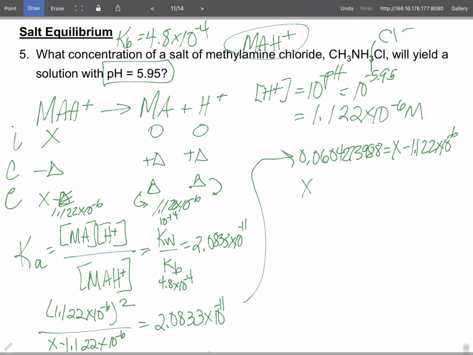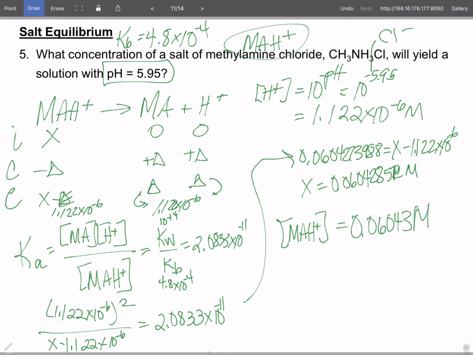That means we move the negative 6 over, so X is equal to 0.06042852 molar, which if you're using 4 significant figures, means my MaH plus concentration is going to be 0.06043 molar when I'm done.